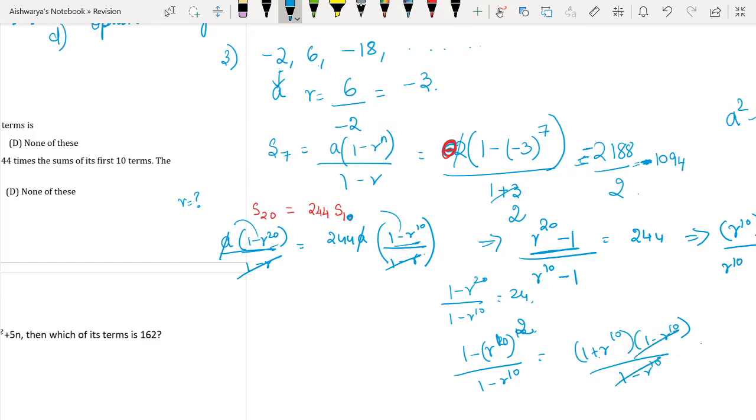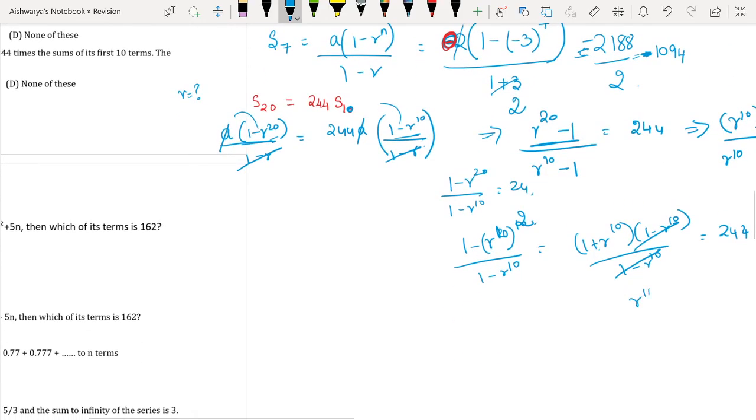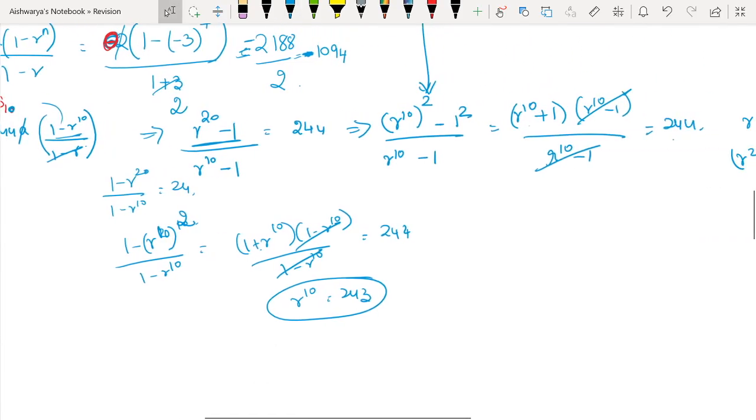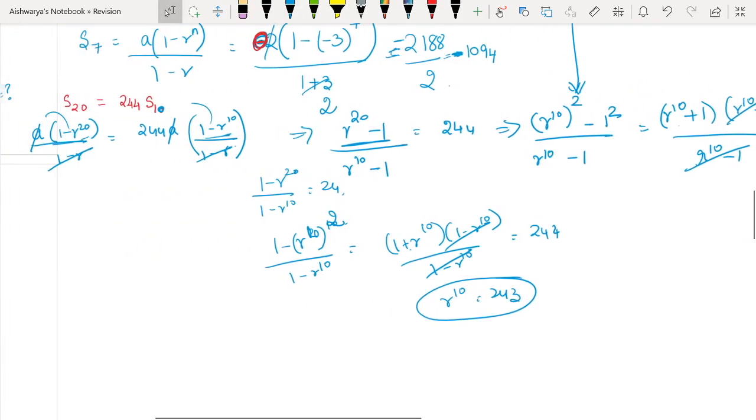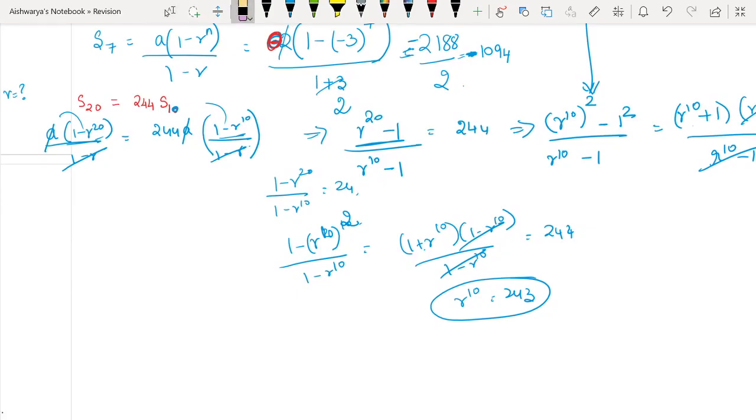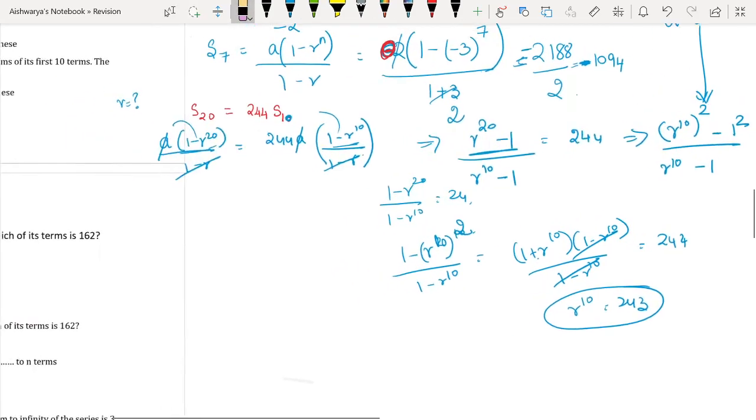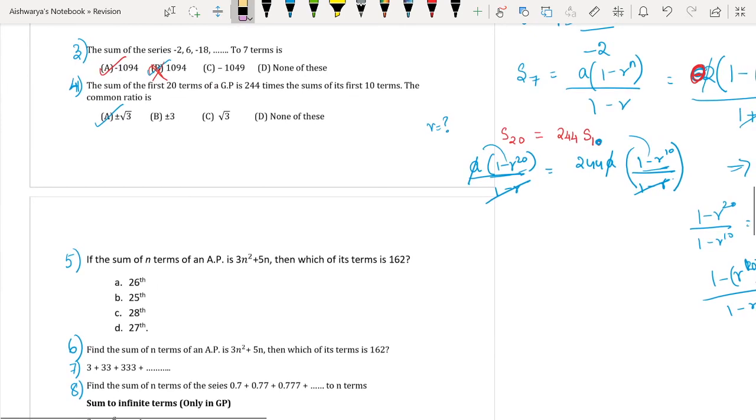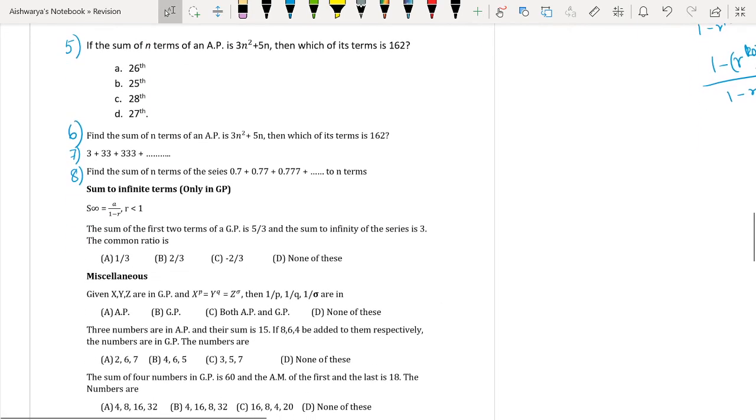So this will get cancelled. So this is equal to 244. So R power 10 is equal to 243. You will end up with the same thing. So either way it will give you the same. That's why I am telling you, any formula will give you the same answer. Okay, we'll proceed to question number 5.